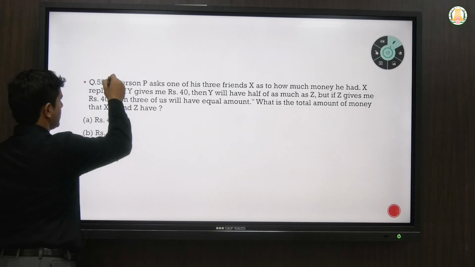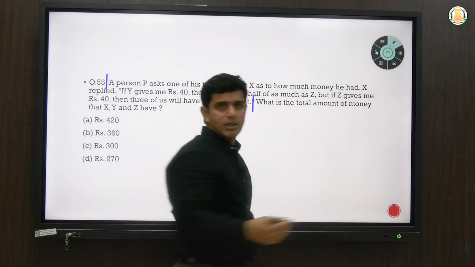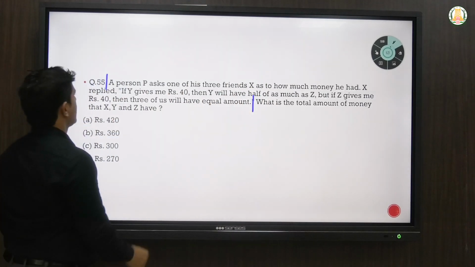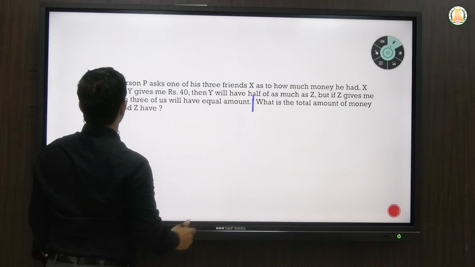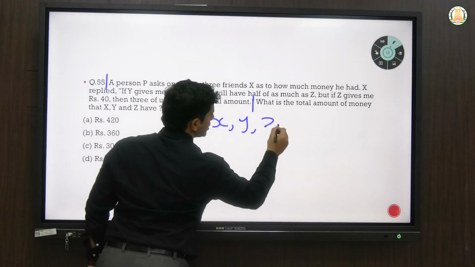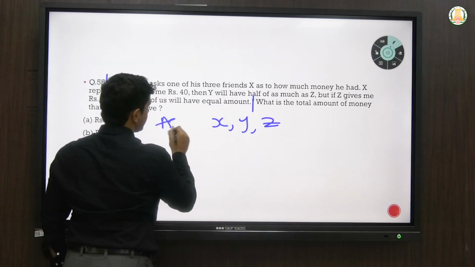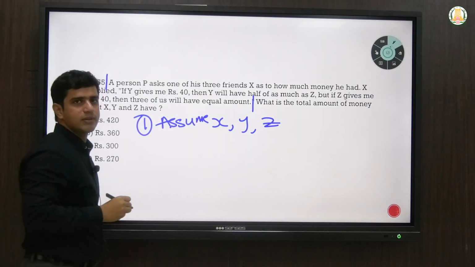Okay, so these are some statements they are saying, and again we have to assume things because we don't know. So I'm assuming that X, Y, Z are three people, and the money they have is small x, small y, and small z. This is again an assumption. This is the first step. I'll always assume things.